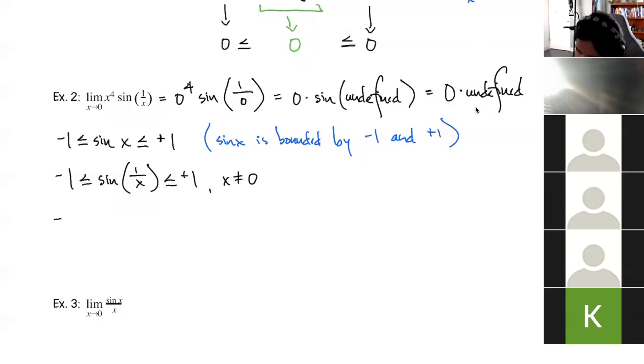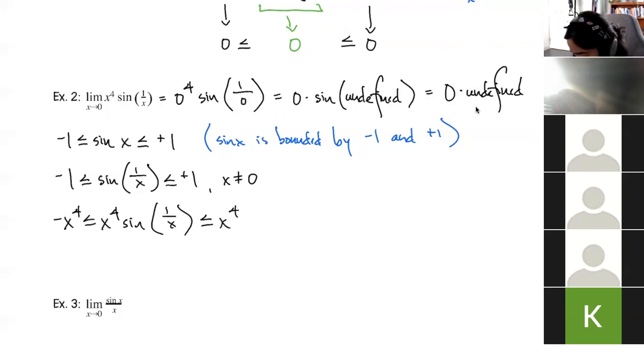So that's going to be negative x to the 4th, x to the 4th sine of 1 over x, and positive x to the 4th. We could make a note here that we multiply by x to the 4th. All right. Now what do we do?